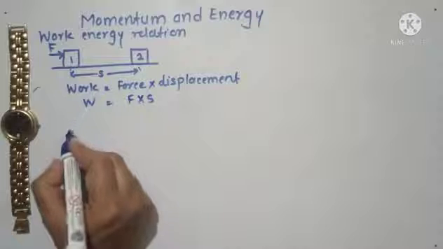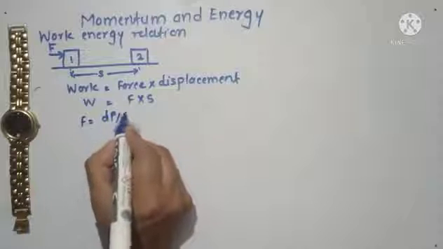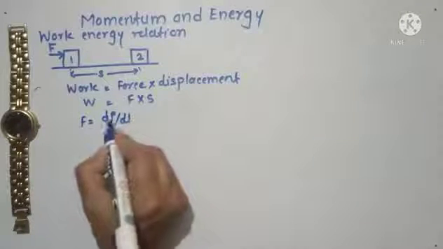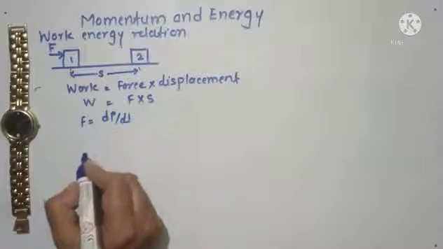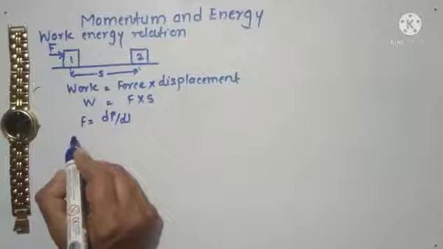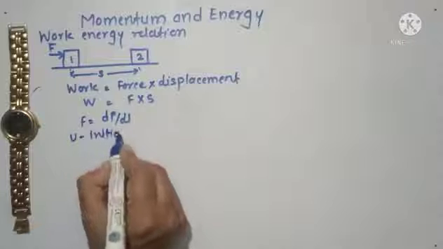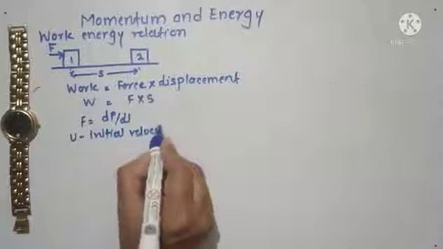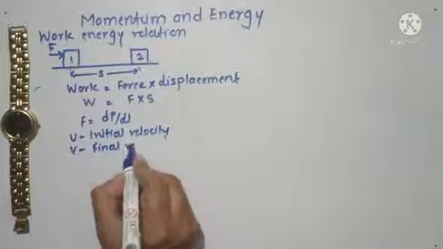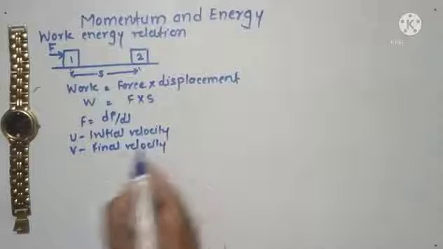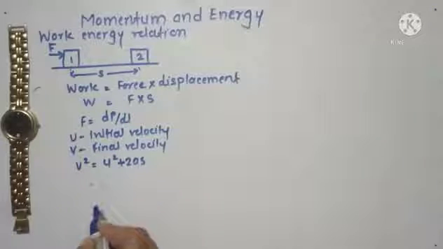Now according to Newton's second law, we know that F is equal to dp upon dt, which we have seen in the last lecture. And according to the kinematic equations, suppose u is the initial velocity and v is the final velocity, we can write v square is equal to u square plus 2as.